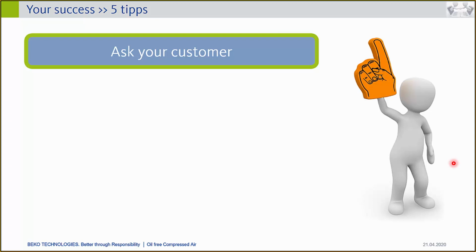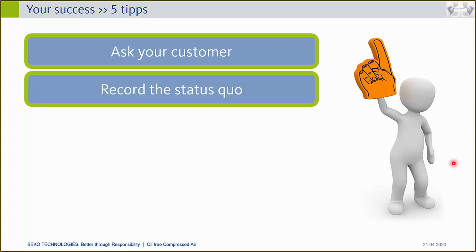I quite often wonder when I ask our salespeople, when they come back and explain some installation on site, what the compressed air is used for, and many of them have no idea. But the customer would feel happier if you are interested in his application, because that is the best source to figure out the required quality class. And does he have any pain points?